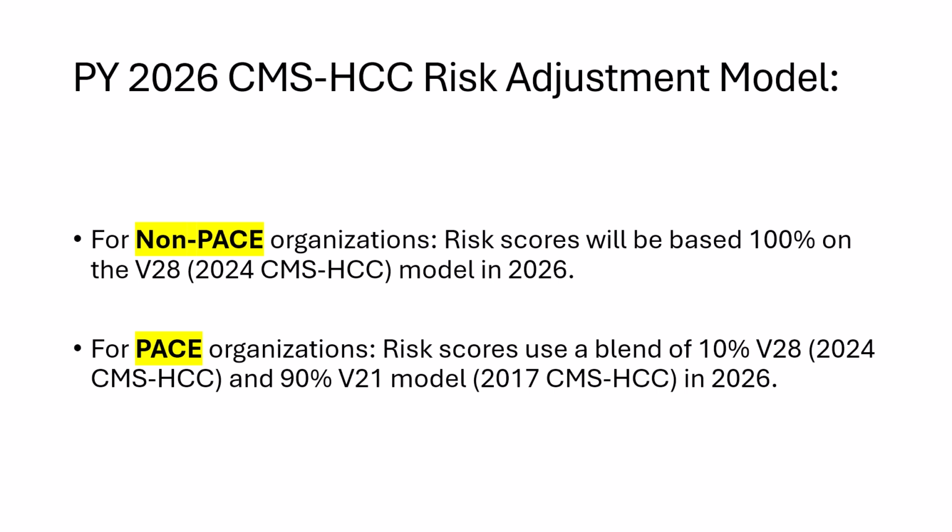For PACE organizations, for Payment Year 2026, CMS will begin phasing out the 2017 CMS-HCC model as proposed by calculating risk scores as a blend of 10% of the risk score calculated using the 2024 CMS-HCC Risk Adjustment Model, version 28, and 90% of the risk score calculated using the 2017 CMS-HCC Risk Adjustment Model, version 21.